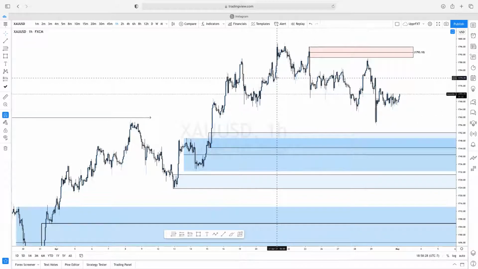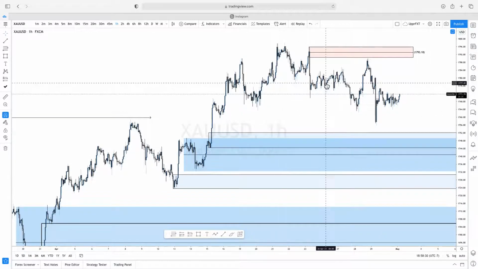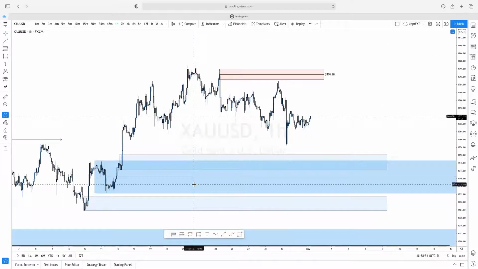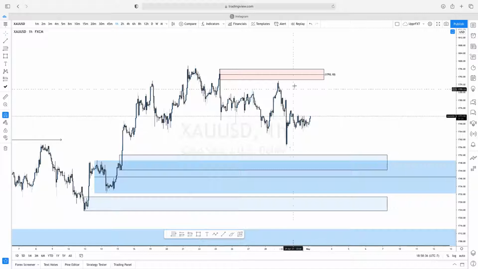So there are all kinds of manipulations that are going to happen. There's news that can shift price. So be aware of that. Your trade isn't going to go 1 to 80, 1 to 100 RR, and you're going to make $10,000 in one trade. That's not always going to happen.